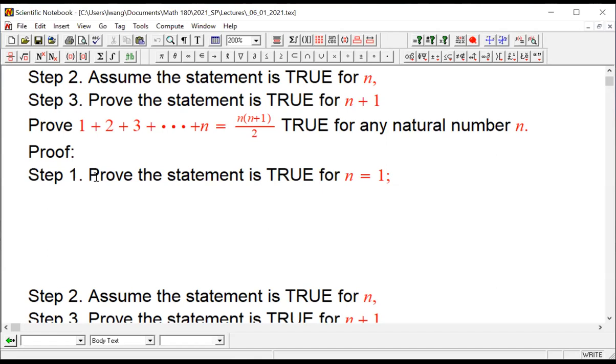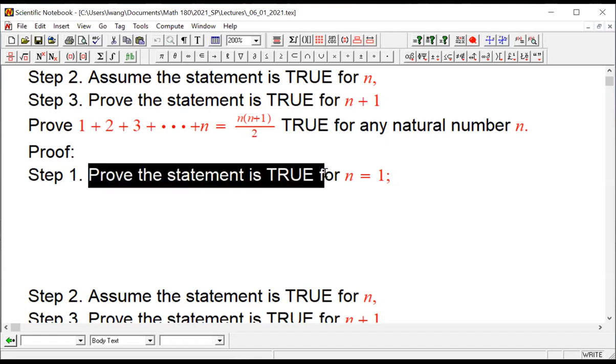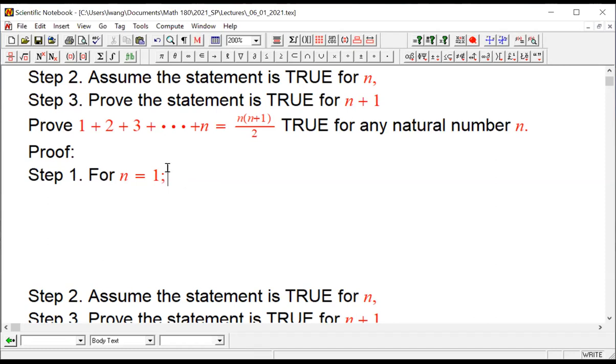So for n equals 1, what do we have? The left-hand side. I want you guys to write the way I do. Don't write two sides at the same time, because you don't know if they're true until you prove it.